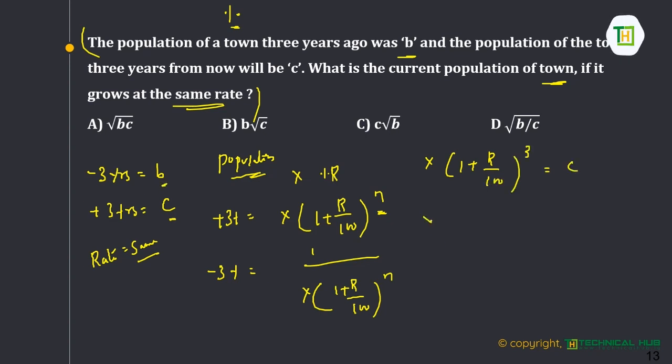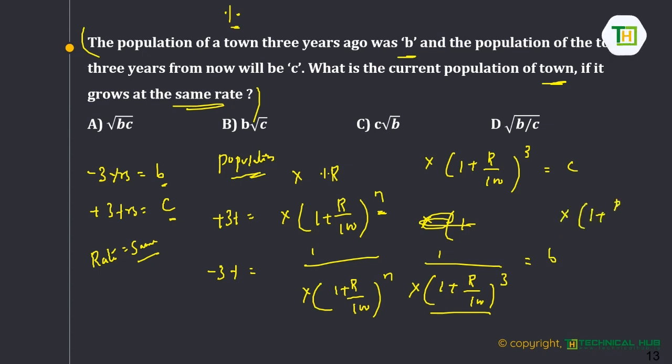B. So before 3 years, the formula is X into, sorry, X by 1 plus R by 100 whole cube is equal to B. Is it clear, everyone? So then X into 1 plus R by 100 whole cube is equal to 1 by B.